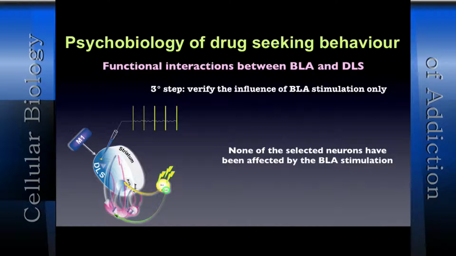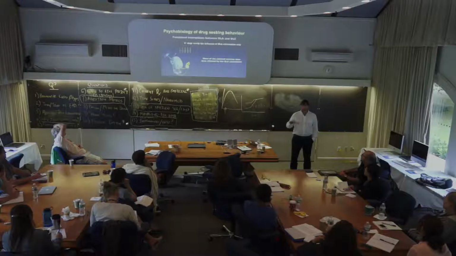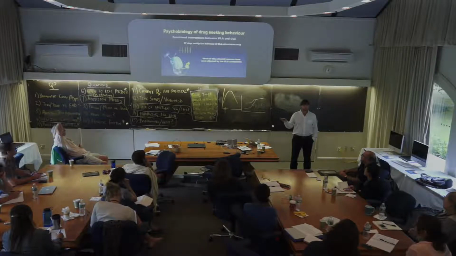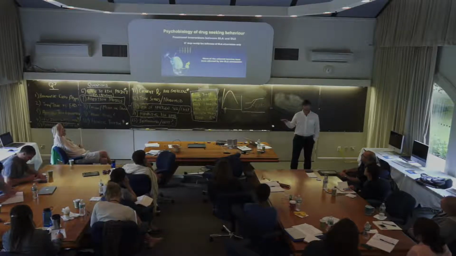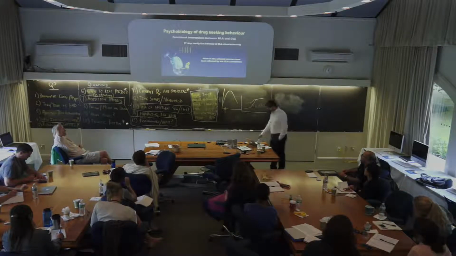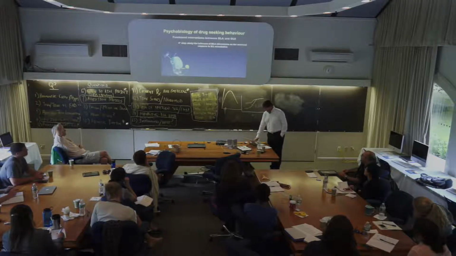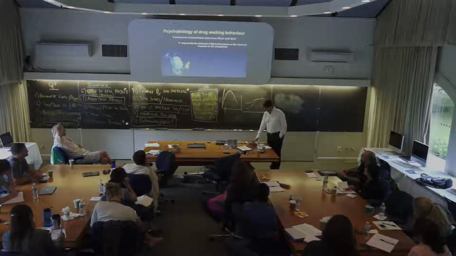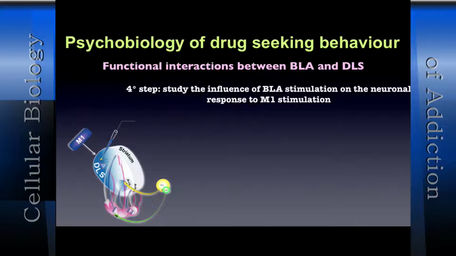So what is shown is that first, if you stimulate the amygdala alone, the neurons in the DLS don't respond to BLA stimulation alone. Obviously, there are no direct projections between the two structures, so it would have been very unlikely that we found that. But then, if you stimulate the BLA with various latencies before stimulation of M1, you end up with various responses, various populations of neurons.